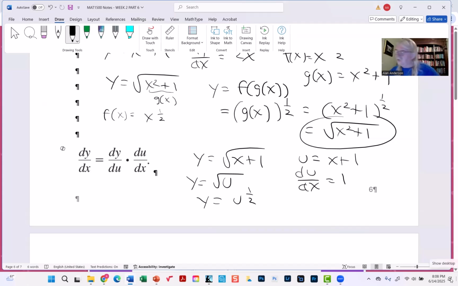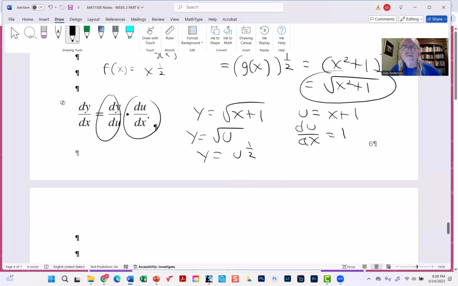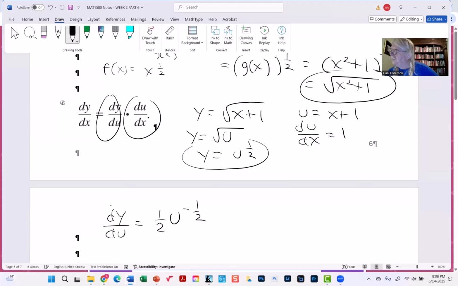So if you look at this definition, we need two things. We need dy du, which means 1/2 u to the minus 1/2 power. And then we need du dx.